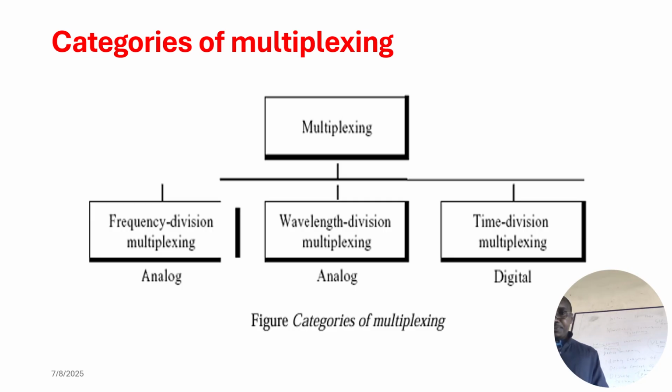Let me explain something. We have talked about some waves, and we said this kind of wave is a cosine wave. The other wave is a sine wave.